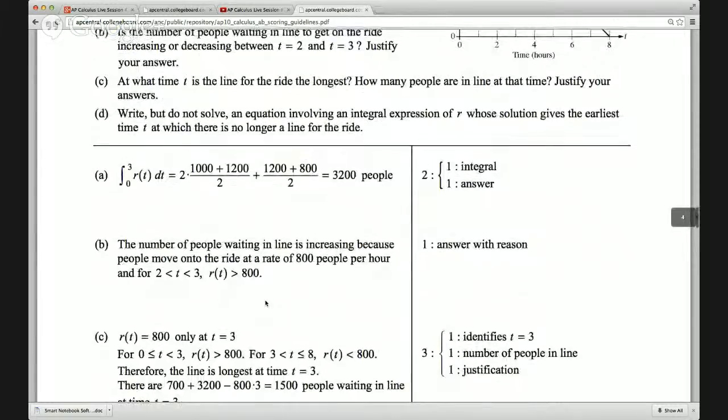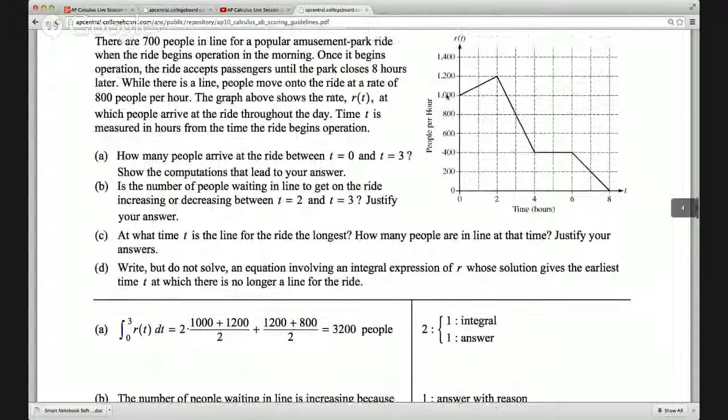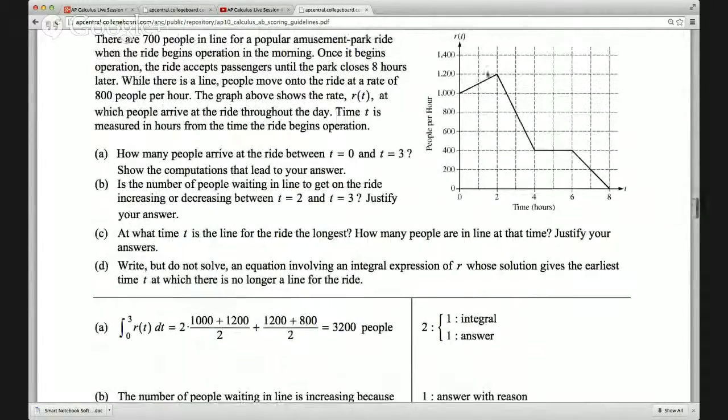Before that, the rate is higher than 800. After that, the rate is lower than 800. So what that means is before this time, our wait time is increasing, and then after this, our wait time is decreasing, because less people are getting in line for the ride than are getting onto the ride. Whereas here, more people are trying to get on the ride than we can push out.